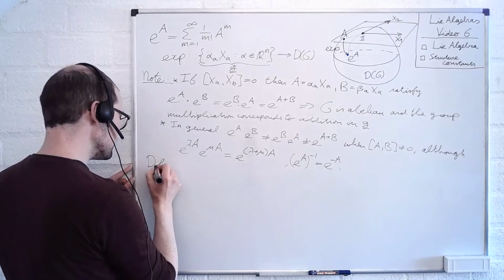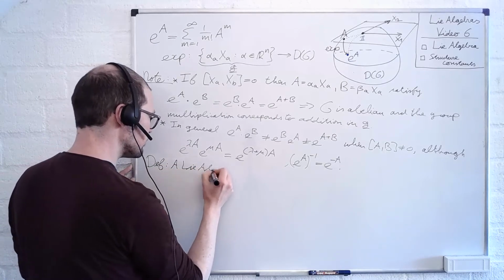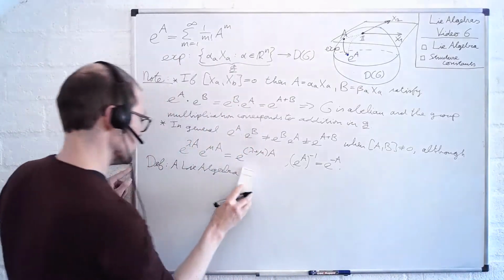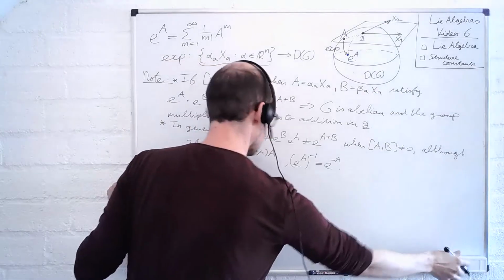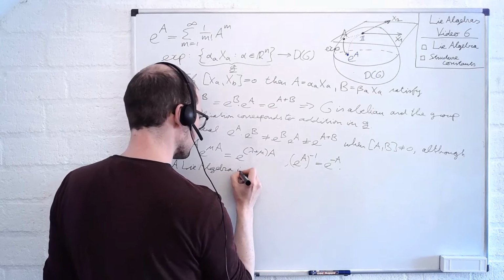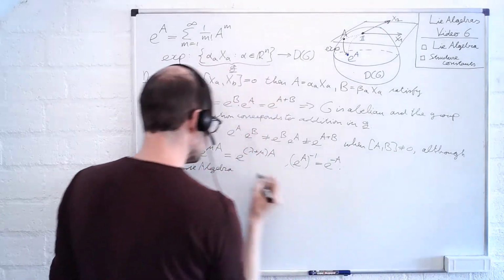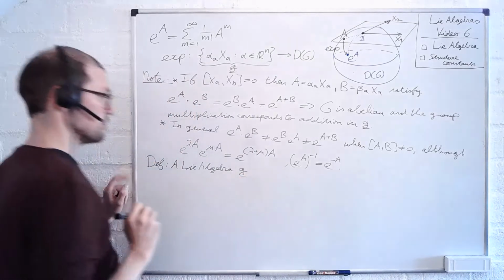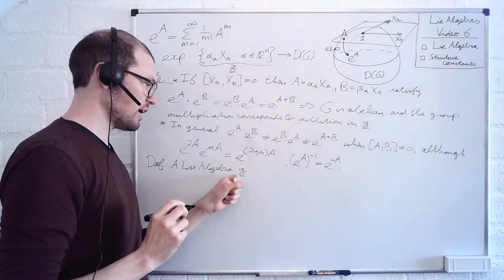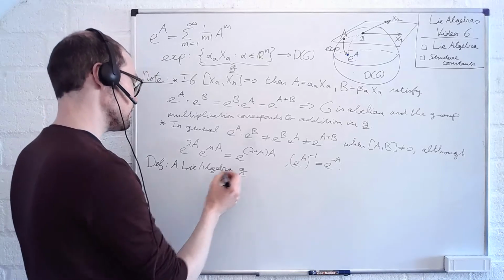So let's give the definition. A Lie algebra, which I like to denote by G with a little bar underneath. So this is my handwritten version of Fraktur font that you usually use in print.